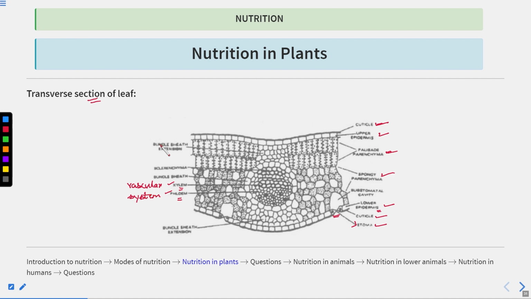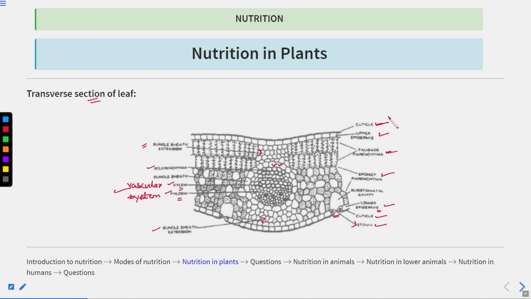Here you can see the bundle sheath extension. These are the bundle sheath cells. Then we have the sclerenchyma cells here. Bundle sheath cells extension here again. And the vascular system is present in the center. So this is the image showing you the transverse section of the leaf.